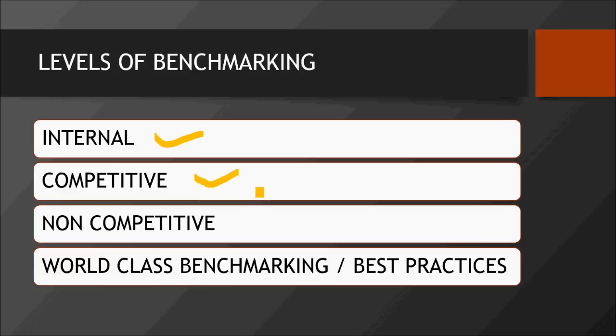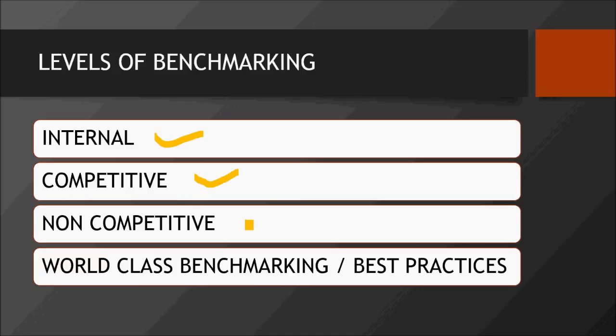So basically, you're benchmarking your competition. As you can gauge, the main disadvantage of competitive benchmarking is that data is not readily available, because no competitor would give away information which makes it the best. So that is the main disadvantage of competitive benchmarking.